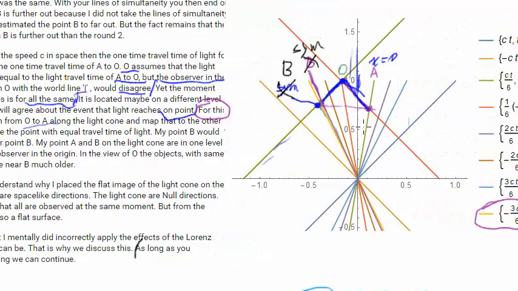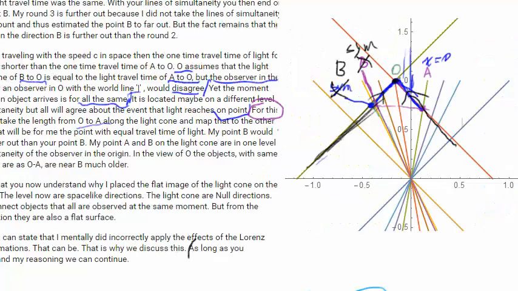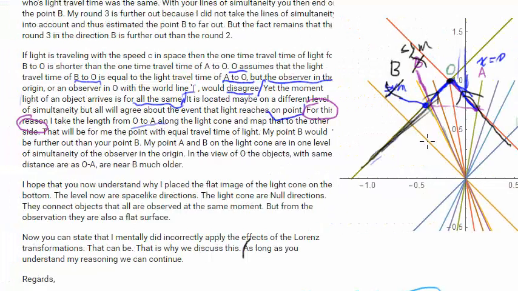Oh, yeah. Okay, I do agree with that statement, that all the things on the past light cone of O are observed at the same moment by O, and everyone in the universe should agree that O would observe all of those events simultaneously. But from the observation, they are also a flat surface.